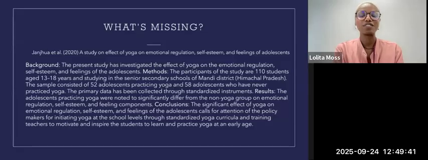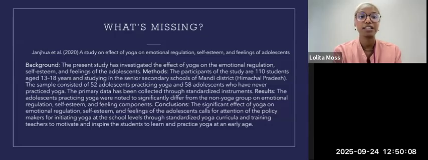Methods. The participants of the study are 110 students aged 13 to 18 years and studying in the senior secondary schools of Mandi District, Himachal Pradesh, and I apologize because I don't know how to pronounce those terms probably. The sample consisted of 52 adolescents practicing yoga and 58 adolescents who have never practiced yoga. The primary data has been collected through standardized instruments. Results.